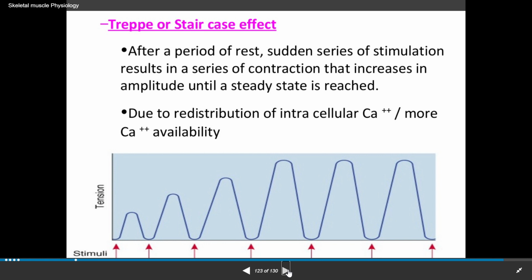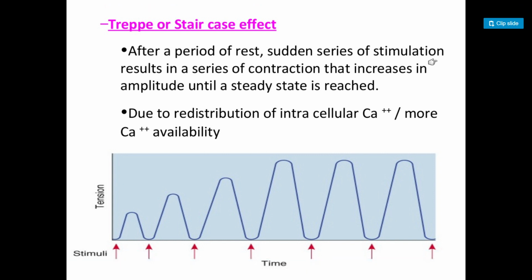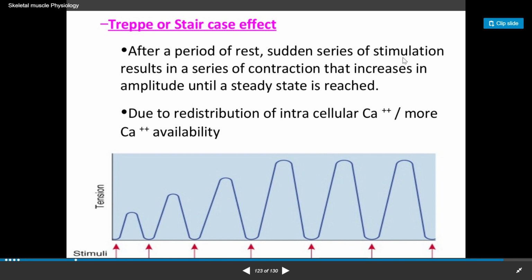Treppe or staircase effect. This is very important. Staircase phenomenon: after a period of rest, a sudden series of stimulation results in a series of contractions that increase in amplitude until a steady state is reached. This is due to the redistribution of intracellular calcium and more calcium availability. So it will be a staircase.